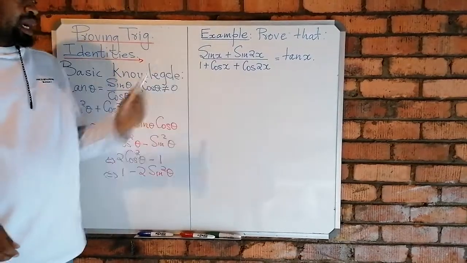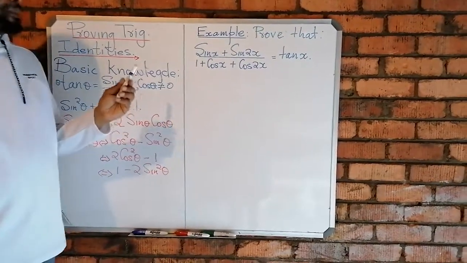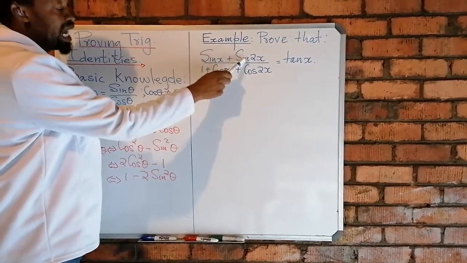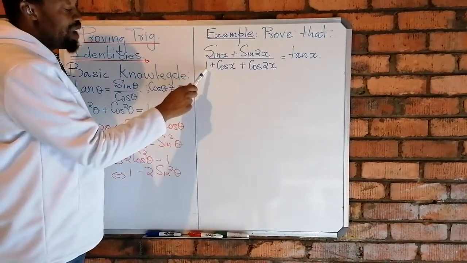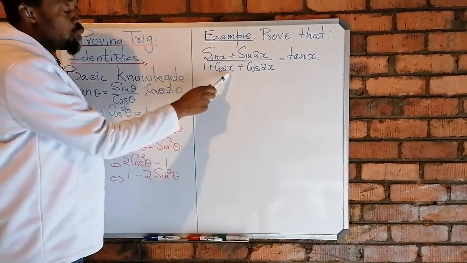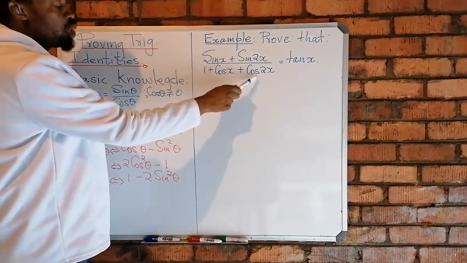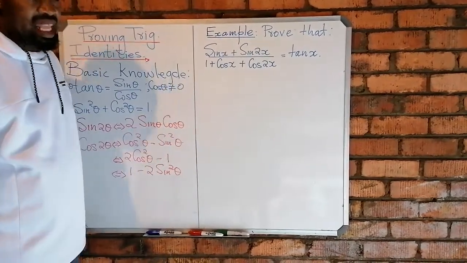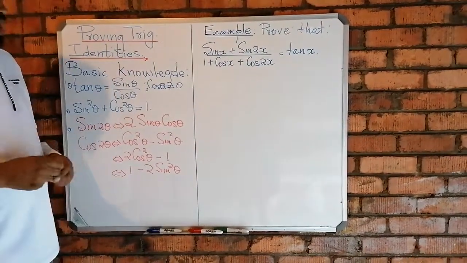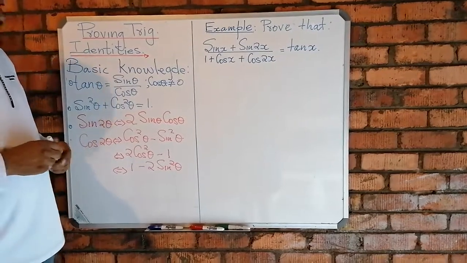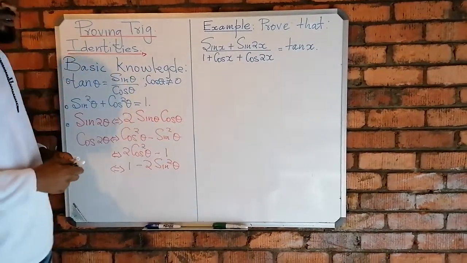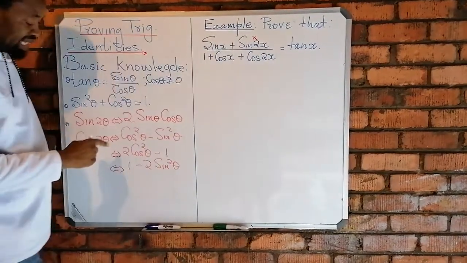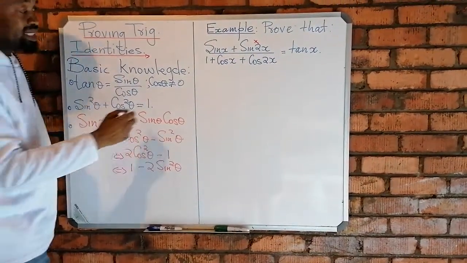Let's take this example. Prove that sine x plus sine 2x divided by 1 plus cos x plus cos 2x is exactly the same as tan x. Now, in an identity like this, I have identified that as a double angle identity.